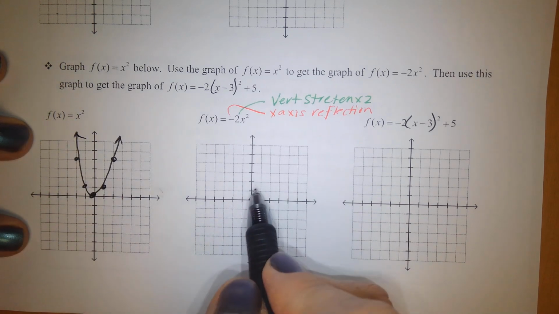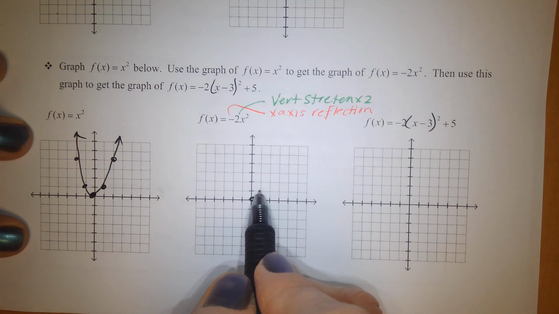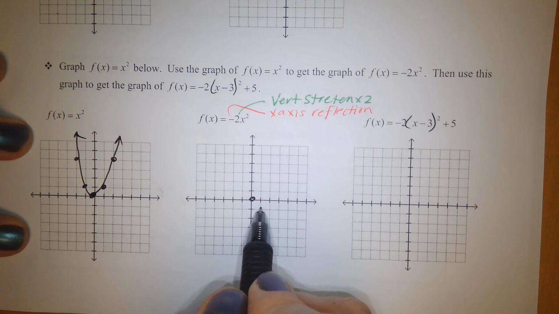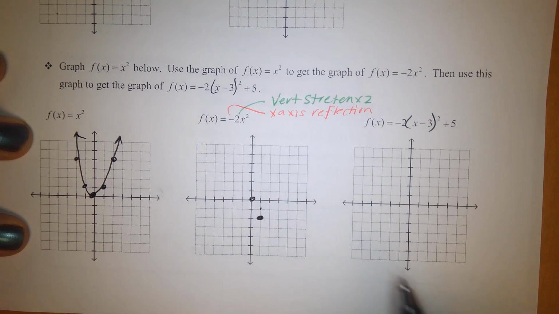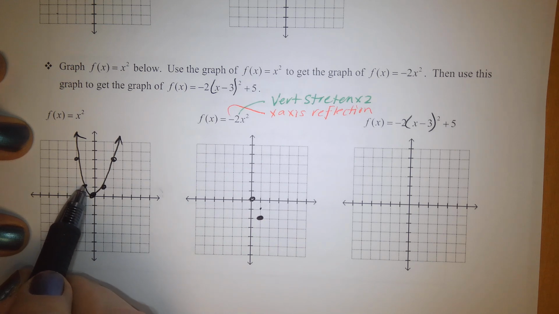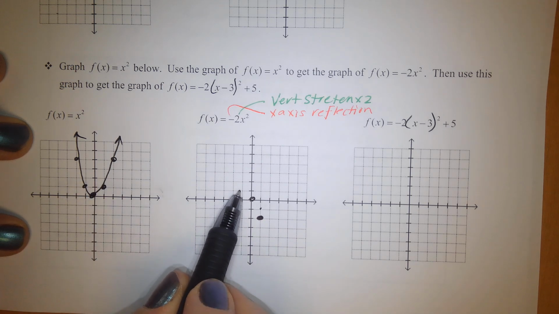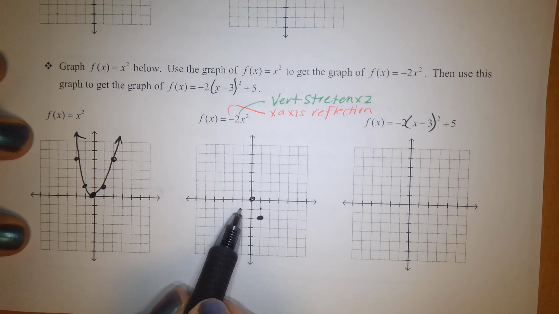So let's take this point 1, 1. Let's first do the x-axis reflection. So that means this point now is down here, but then we're going to stretch it by 2. This point at negative 1, 1 is going to do an x-axis reflection, and then we're going to stretch it by 2.